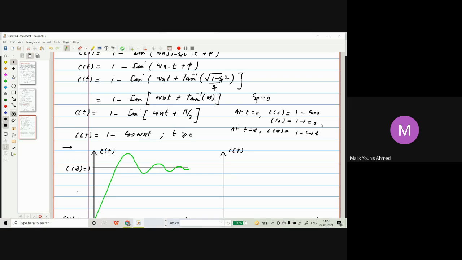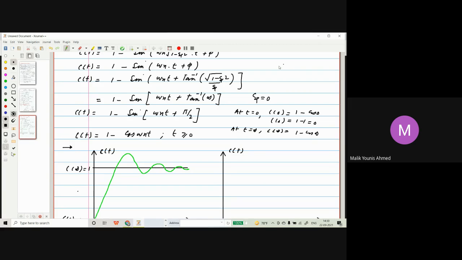What's the cos infinity value? See, we are going to get the response of this undamped case.